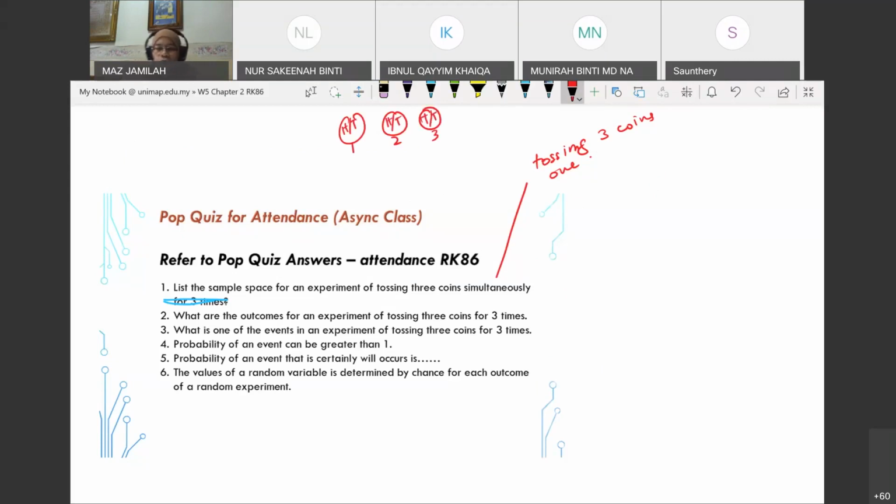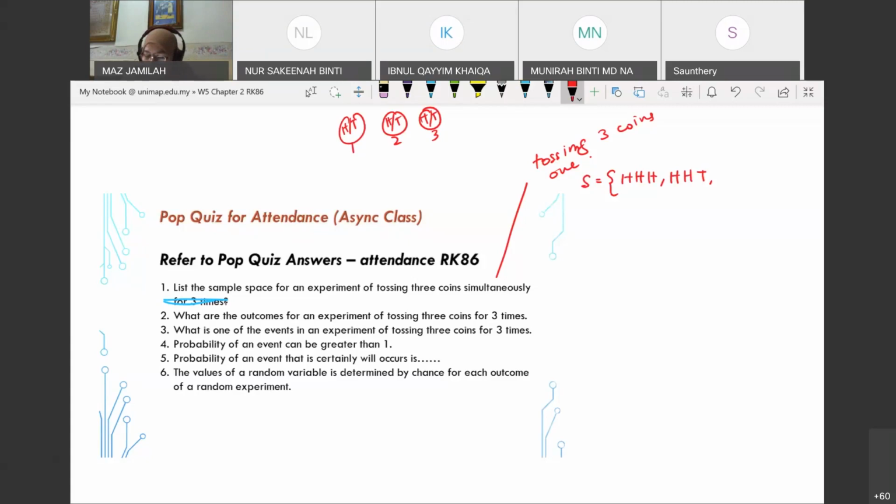So when you toss once, your first outcome could be all heads, for example: head, head, head. That would be one possibility. The second possibility could be two heads and the other one tail.